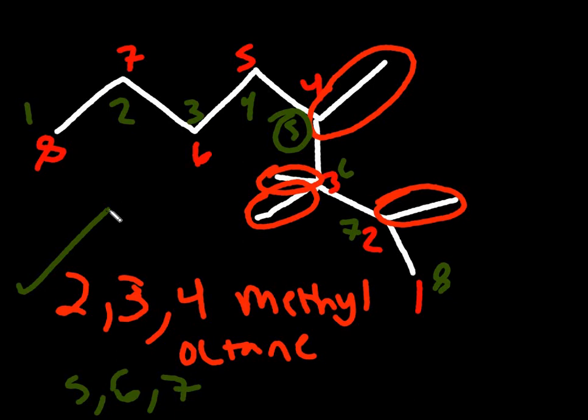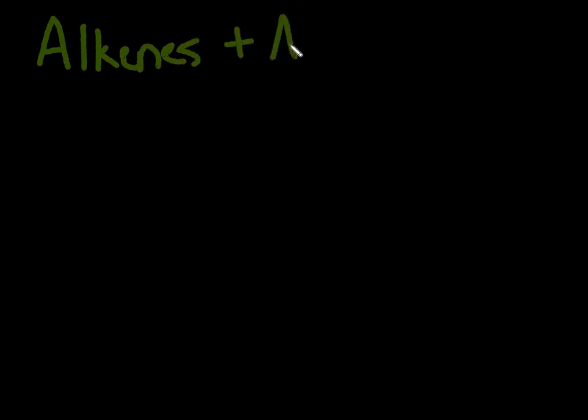Okay. Let's go to another example. Let's get into alkenes and alkynes. They're kind of the same thing. I mean, not the same thing, but they're pretty similar to alkanes.